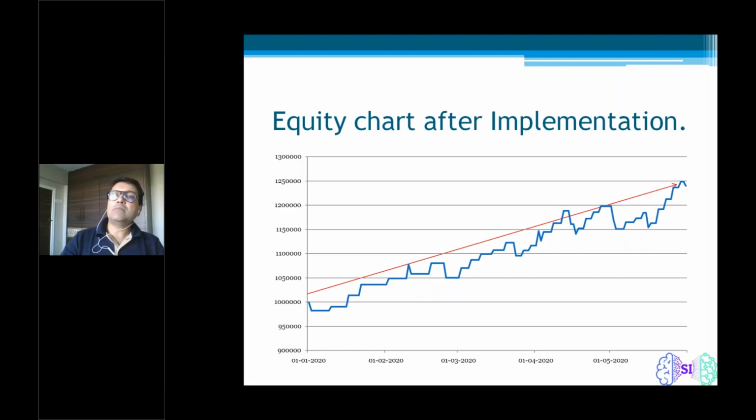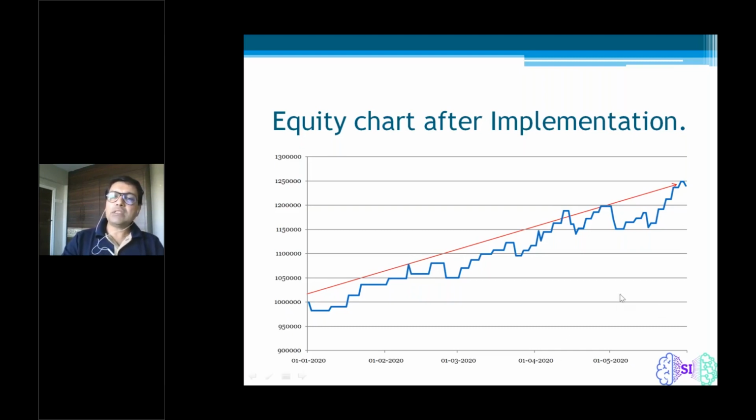Here is a system whose chart is pretty encouraging, and one can definitely fall in love with this kind of system, which is pretty much a linear regression, and one would like to keep on trading it, right?